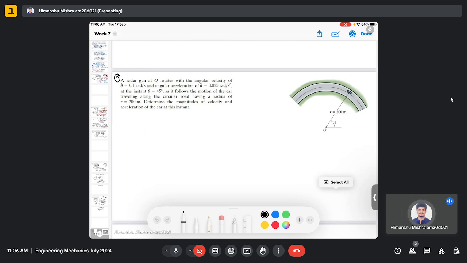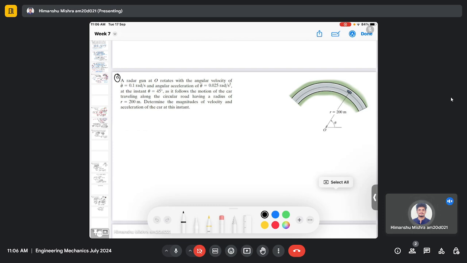So until now we have discussed questions from the kinematics, where we have discussed the kinematics problem in the Cartesian and in the curvilinear problem. We also solved a few problems from the polar coordinates and we are still left with a few problems.